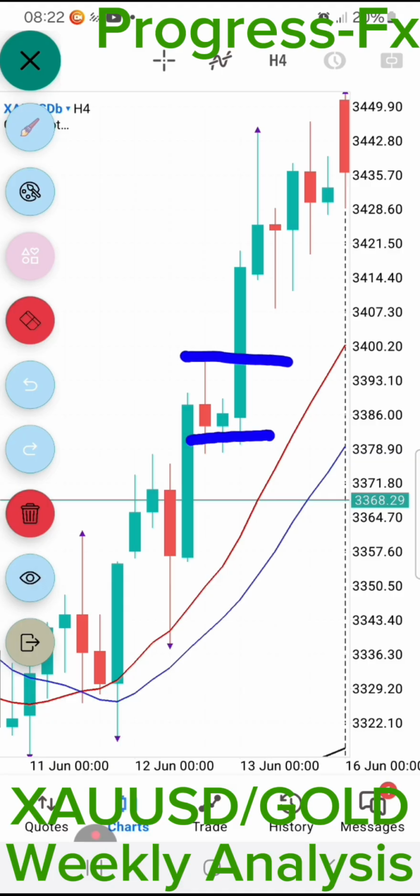Immediately the market gets to it, people used to mark the body. But I mark from the beginning and the end of the tail, because the market always reacts within those areas.